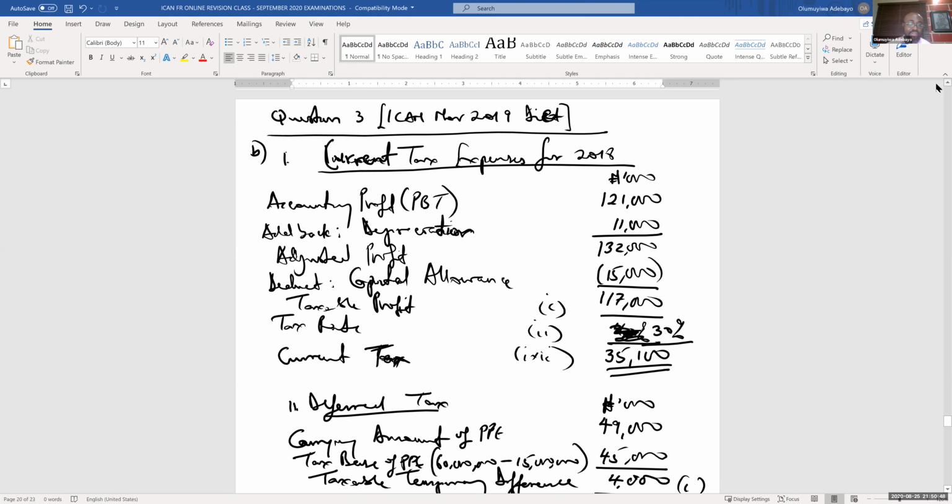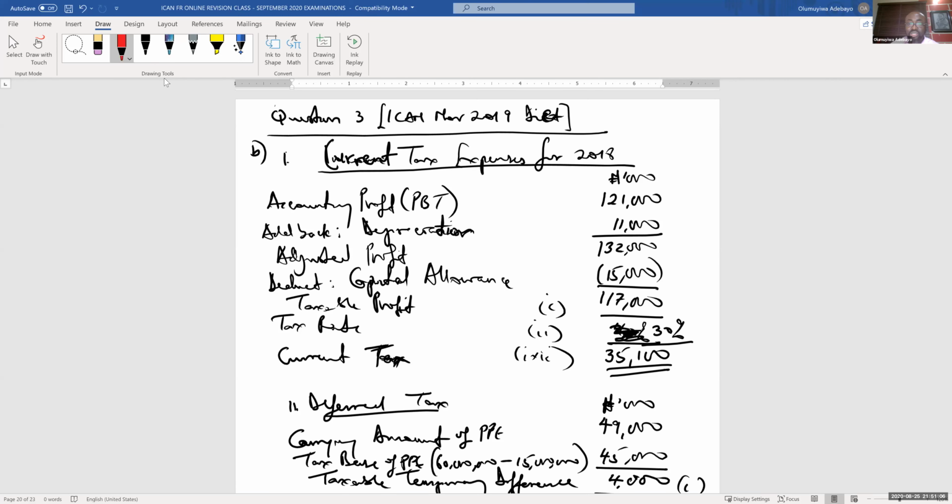But we all recall that income tax comprises current tax and deferred tax. Now let's compute our current tax first. From what we can see, our accounting profit was 121,000. Remember, we have to add back depreciation, and the information was made available to us.